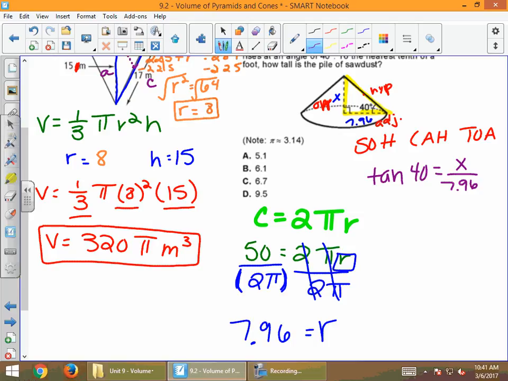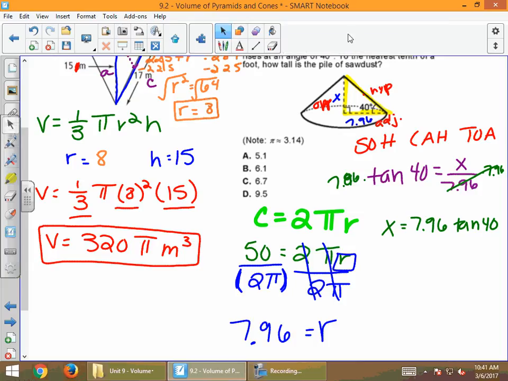We're going to multiply both sides by 7.96. So in your calculator, all you have to do to figure out what the height is, you're going to do 7.96 times the tangent of 40. If you have one of our calculators, you go backwards, you go 40 times 7.96.